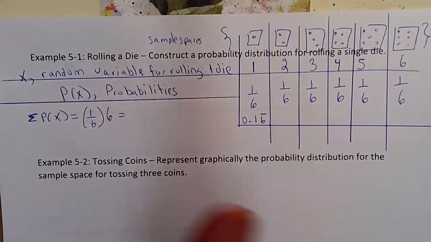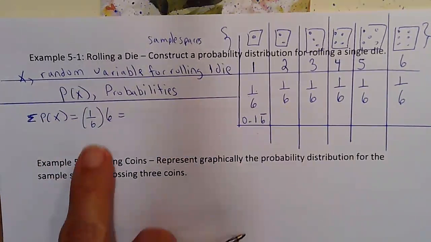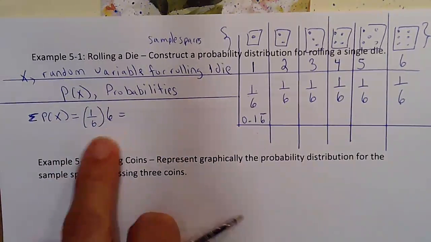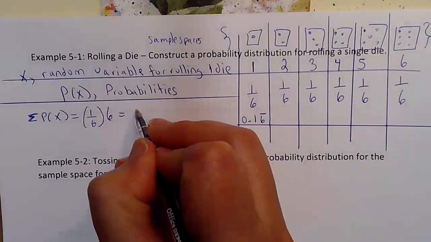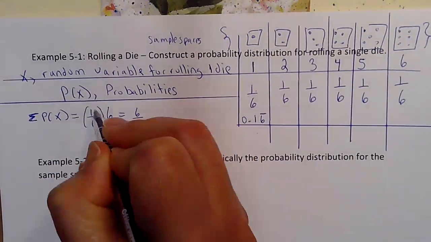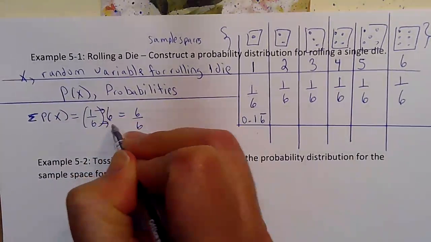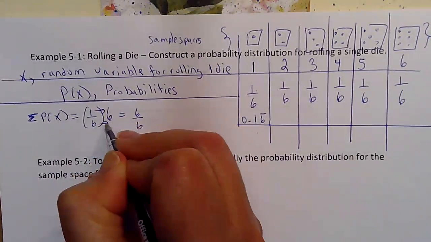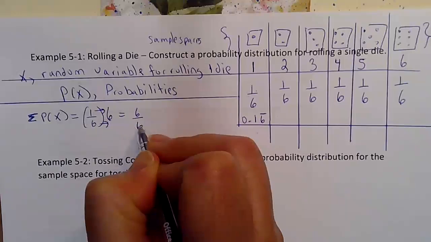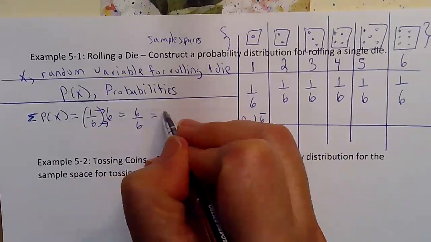I don't have to write 1/6 plus 1/6 over and over 6 times. It's just 6 over 6, because you multiply straight across, and 6 over 6 is 1.